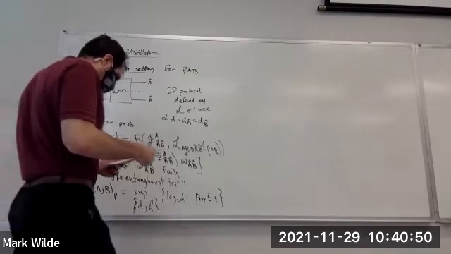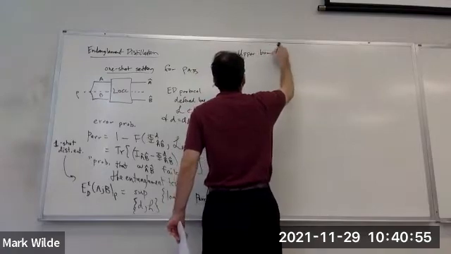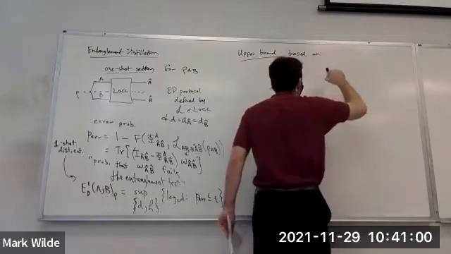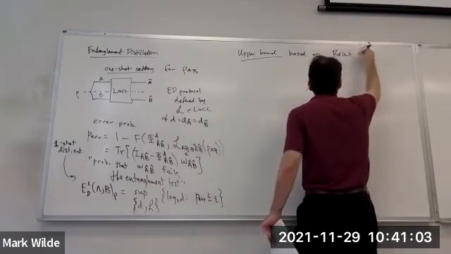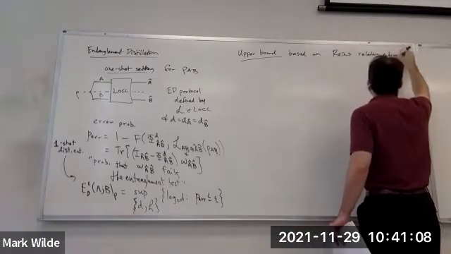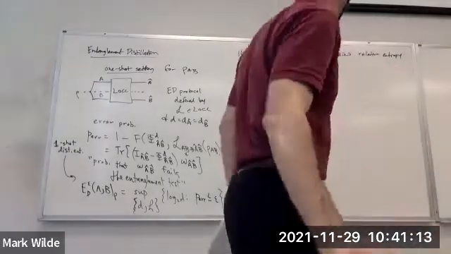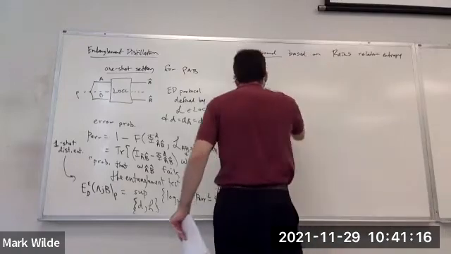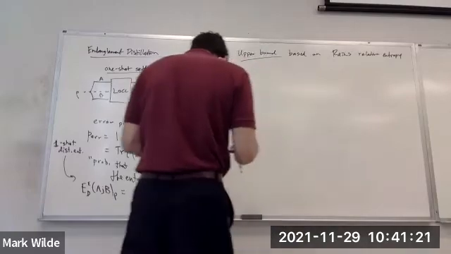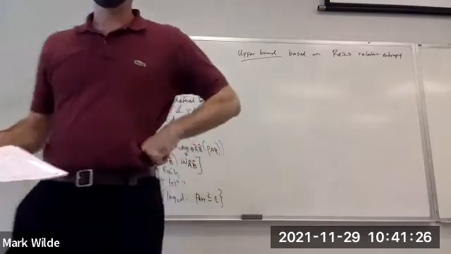First, let's consider an upper bound, and it's going to be based on something called the Rains relative entropy, after someone named Eric Rains.